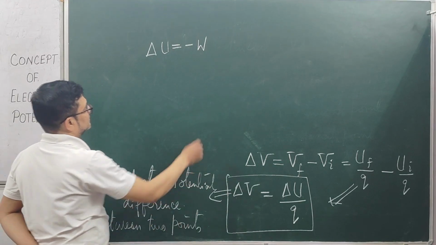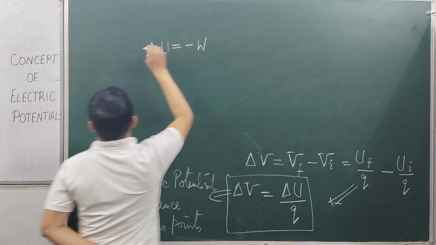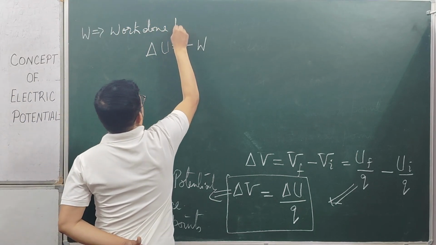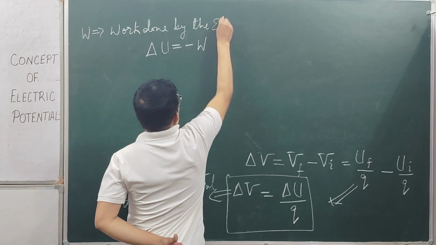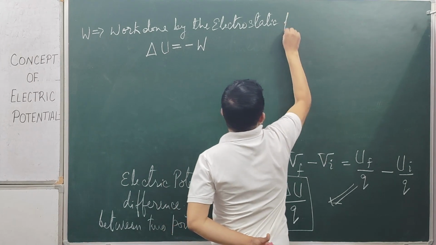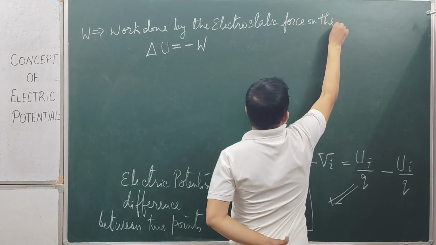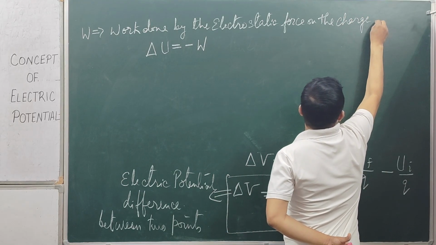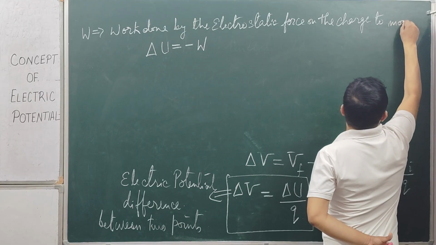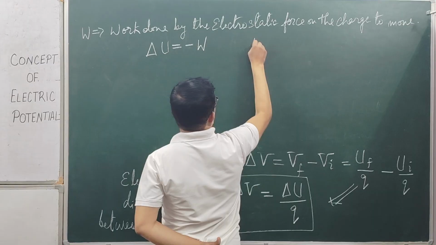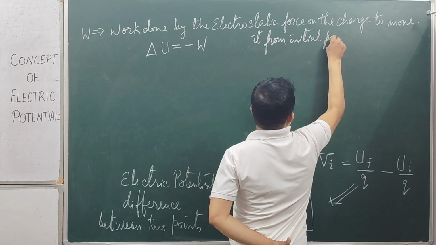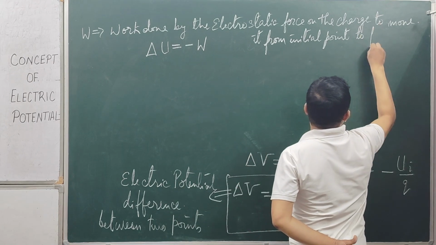It is the negative of the work done, so suppose W is the work done by the electrostatic force on the charge to move it from the initial point to the final point.